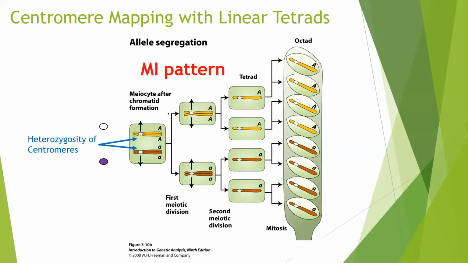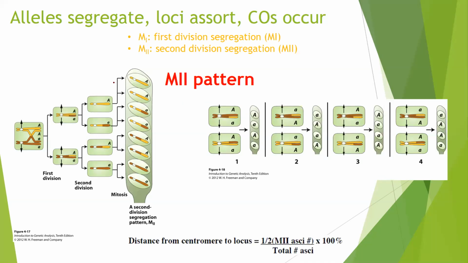M2, I mean M2. M2, yes, okay. So your question is, when we look into an M2 pattern, what's the percentage of progeny from this ascus that will be parental type, and what's the percentage that will be recombinants, right? You're right. It is always like this: 50% of them are parental type, and 50% of them are the recombinants. Yes. All right, thank you.